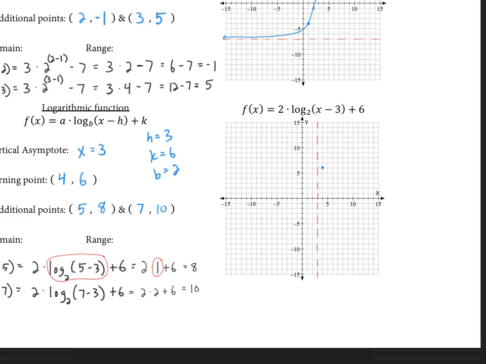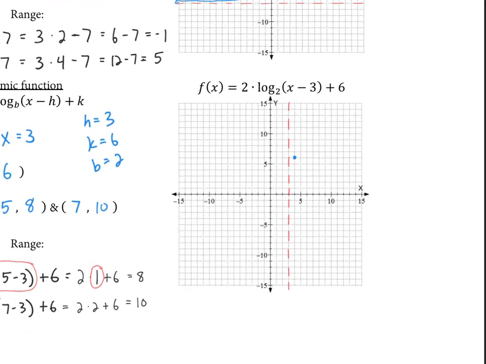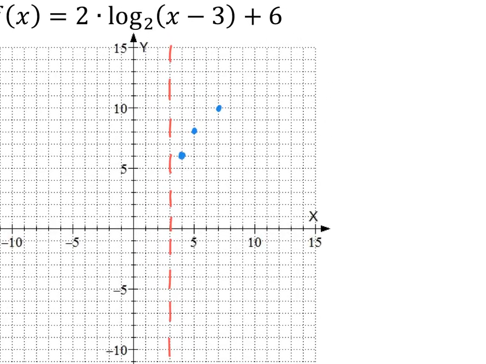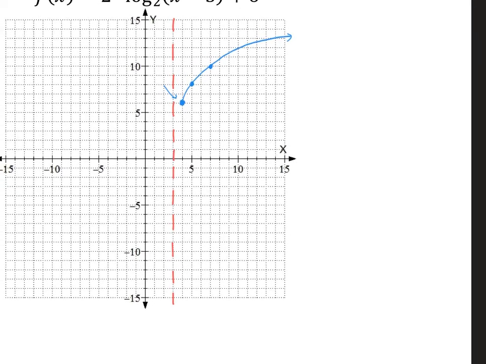Additional points, 5 comma 8 and 7 comma 10. Okay, so here's our turning point. From there, it'll go through the points and then kind of taper off. And then to the left of the turning point, it just keeps getting closer and closer to the asymptote forever. Something like that.